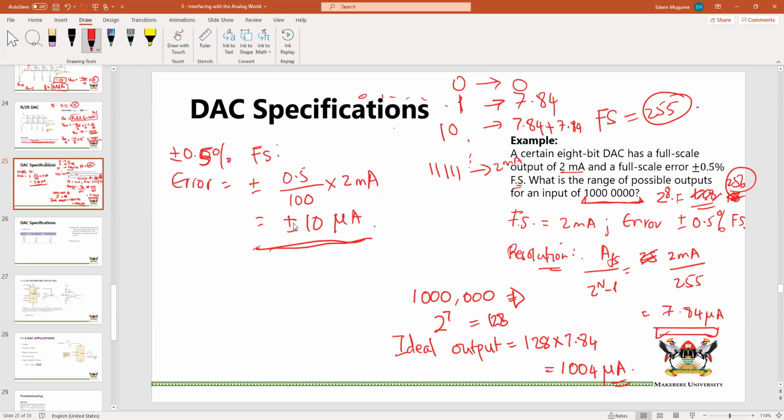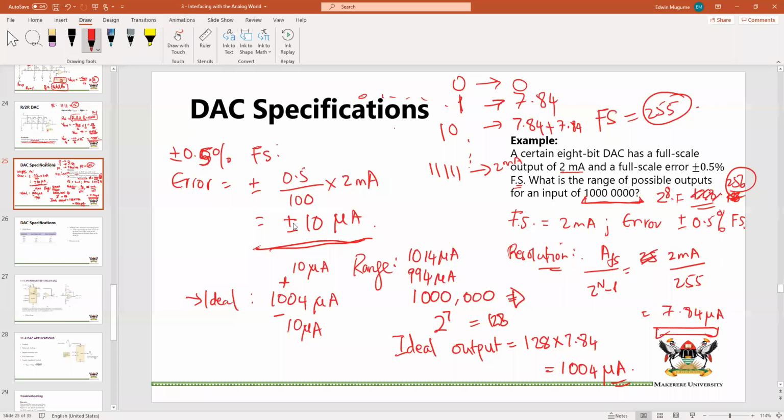So that means that for our ideal result, which is 1004 microamperes, if the error is plus, we can add 10 microamperes. If it is minus, we can subtract 10 microamperes. And so the range becomes 1014 microamperes on the upper side, and on the lower side it is 994 microamperes.